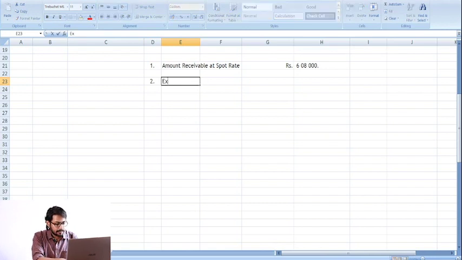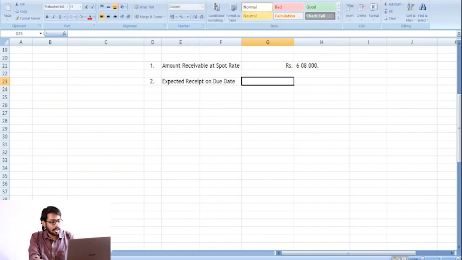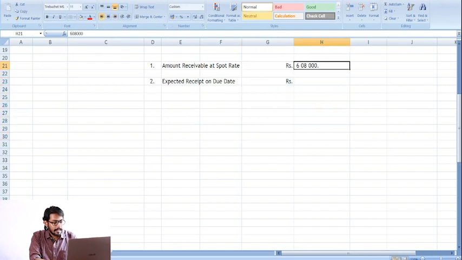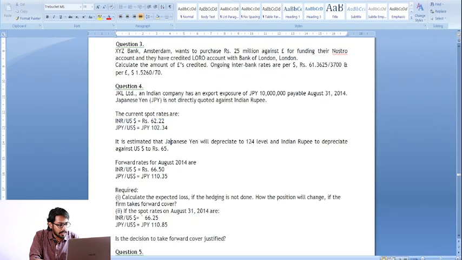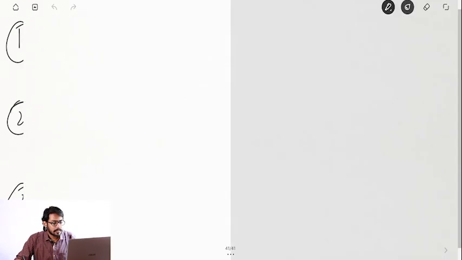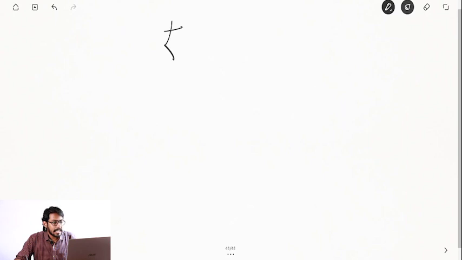Now, part 2, expected receipt on due date. The expected rates are given over here. Yen will depreciate to 124 level against dollar, and rupee will depreciate against dollar to 65. So the expected rates: rupee by dollar will become 65.